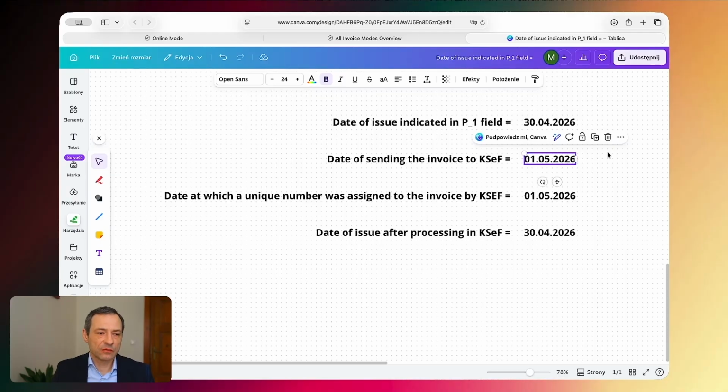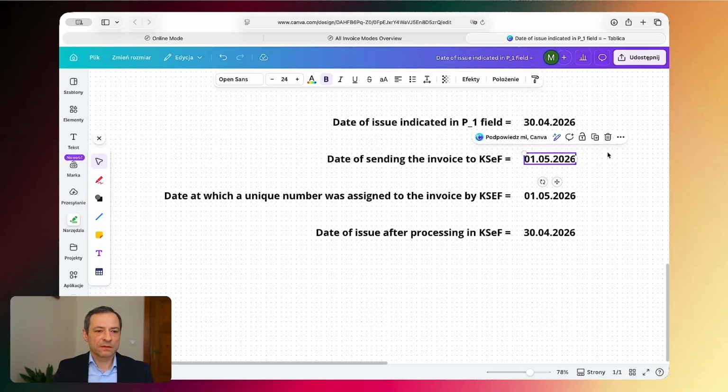because within the offline 24 mode, which I will also explain in later videos, you are allowed to send the invoice until the next working day after the date of issuance indicated in the P1 field at the latest.